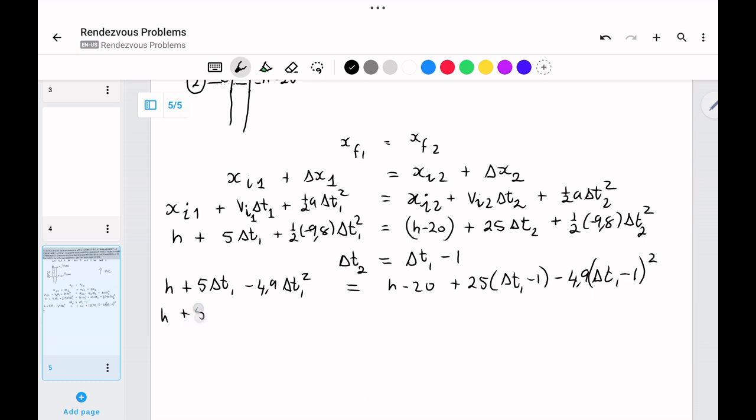I have h plus 5 delta t 1 minus 4.9 delta t 1 squared equals h minus 20. I distribute the 25 into the bracket and I'll get 25 delta t 1 minus 25, and then, ooh, almost a mistake there. Now I'm going to multiply out my bracket first before I distribute: delta t 1 squared minus twice the product of the 2 plus the last one squared.